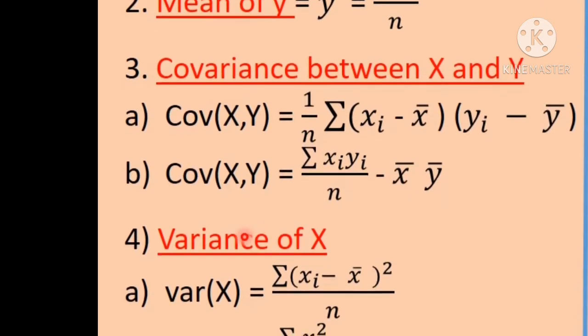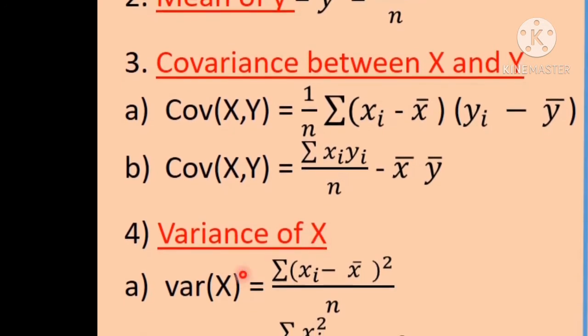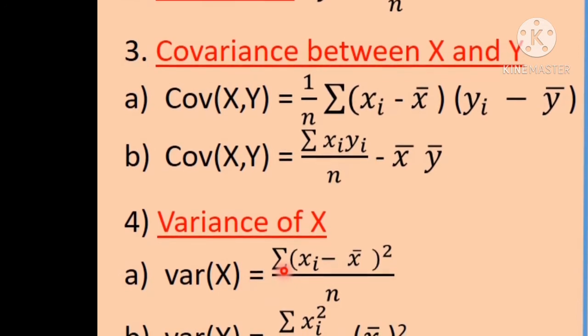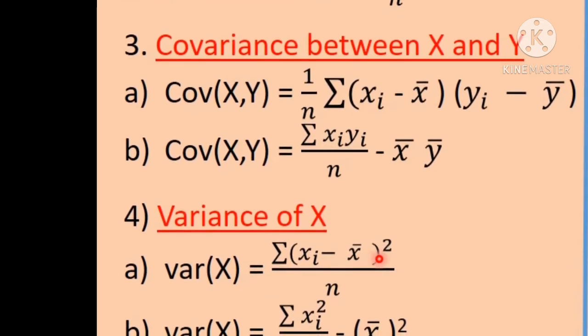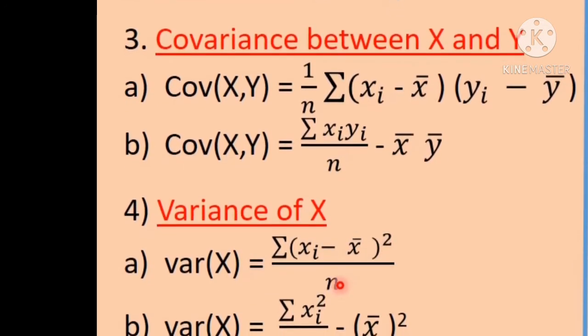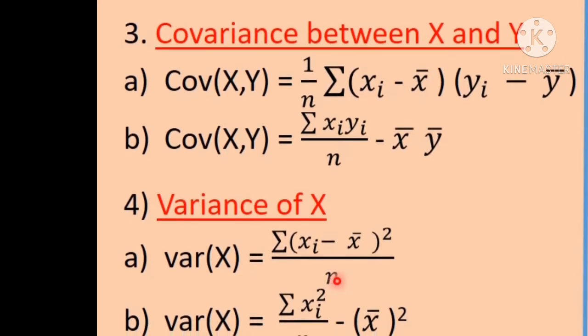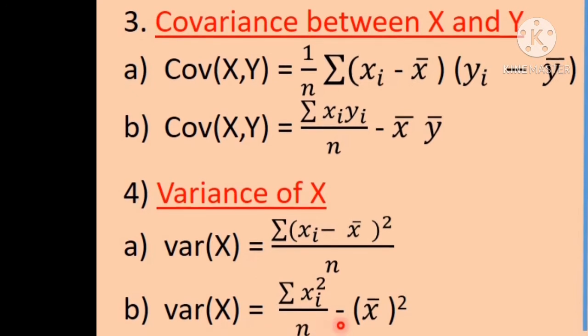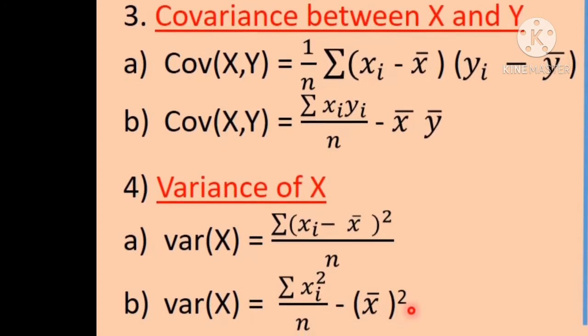Then you have studied variance of x, which is denoted by VAR of x, and is given by summation xi minus x bar the whole square upon n. It is also given by summation xi square upon n minus x bar square.